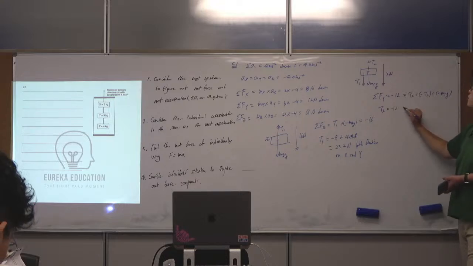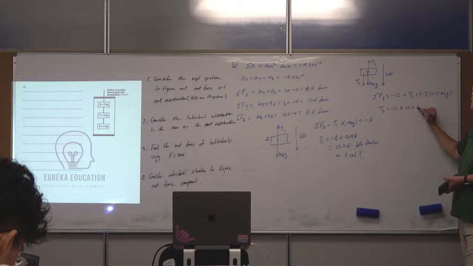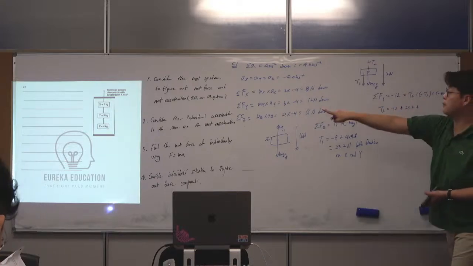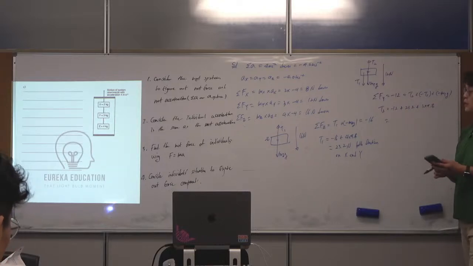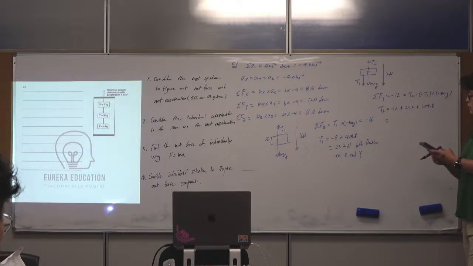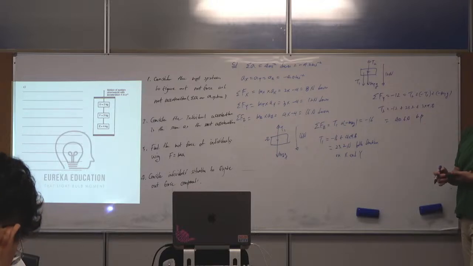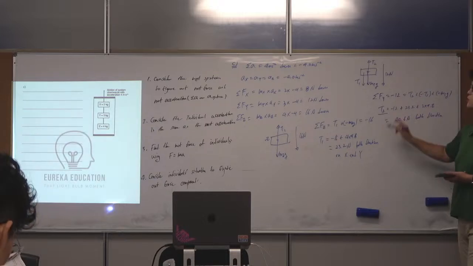So minus 12 plus the T1 that we found, 23.2, plus 3 times 9.8. Okay, and minus 12, you're going to get 40.6 newtons up in this case. That's how we can find T2 and T1 straight away.